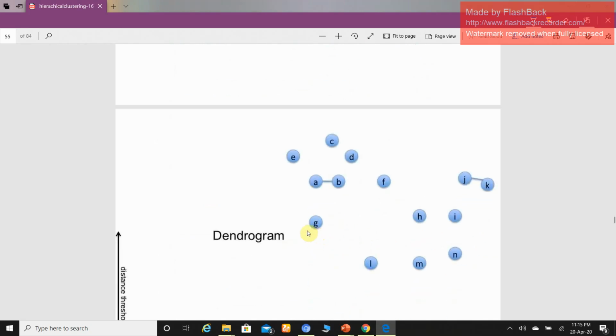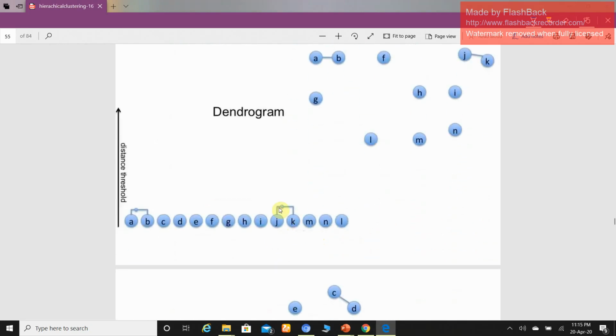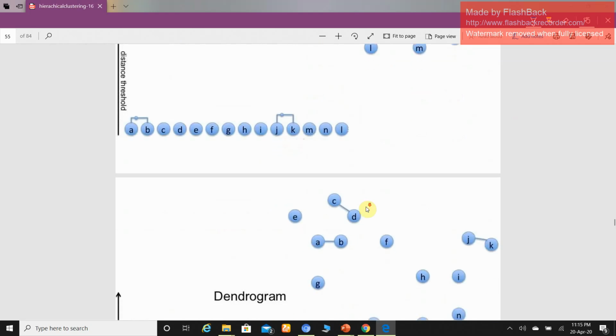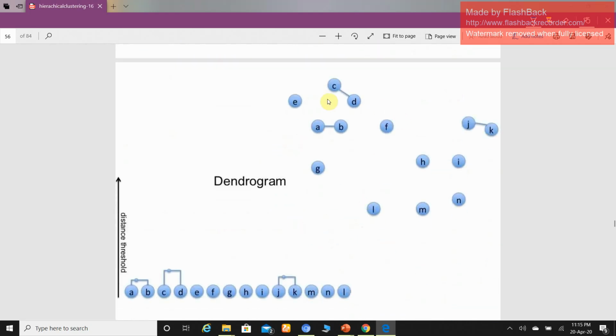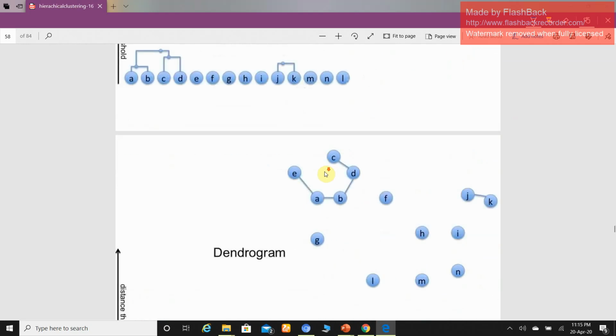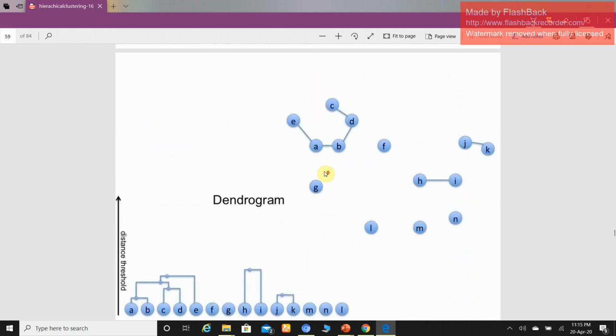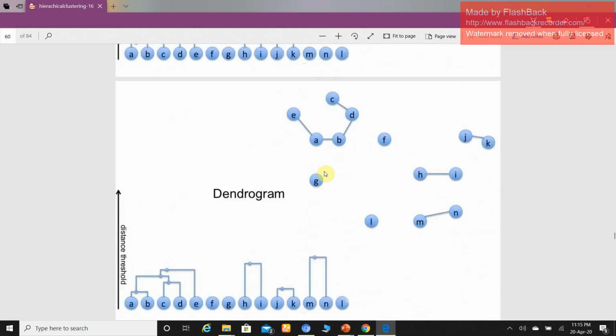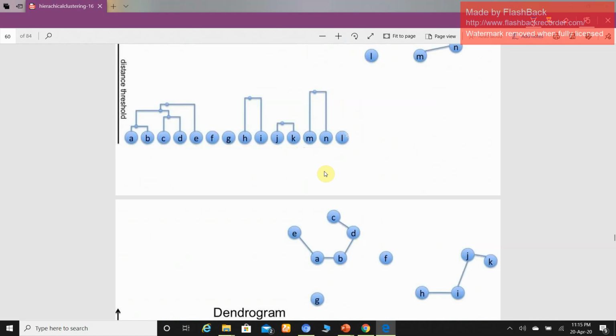In similar fashion, next J and K, here we have a link, they group together, so J and K are in one cluster. In the same fashion, we have to construct clusters. All of you observe. Anyway, I will send this PPT through your Google Classroom.